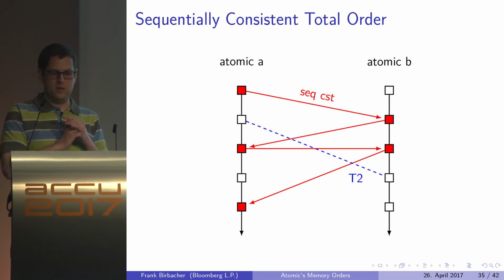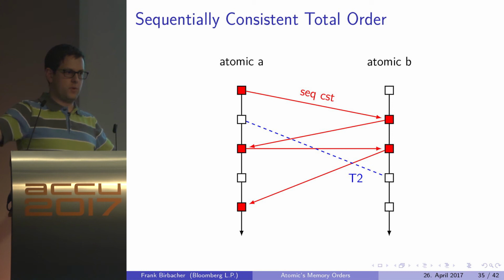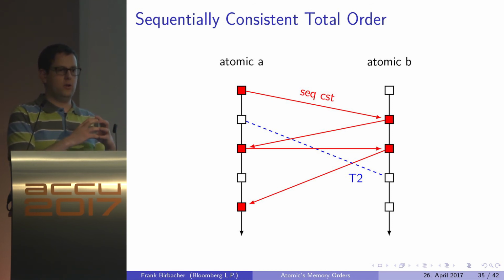So in this sense, if we do sequentially consistent modifications to atomic A and B, which don't need to happen from the same thread, they can be from totally different threads, like from 100 different threads, but each sequentially consistent modification will end up as some square in the order for a particular atomic, right?